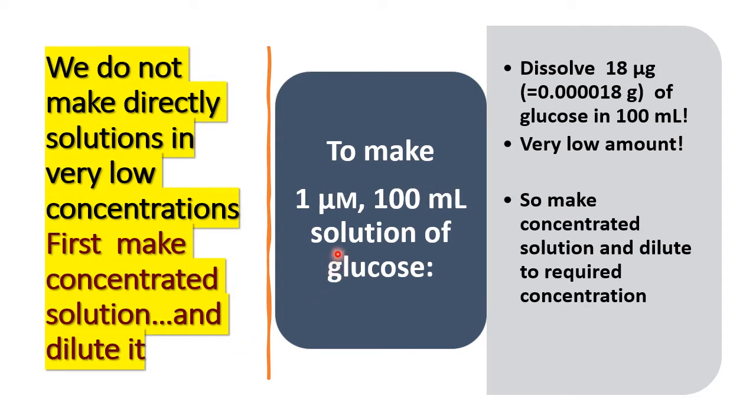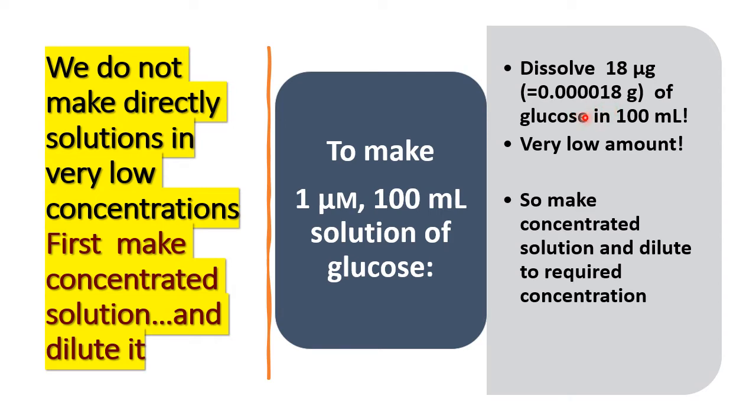Now take the example of another solution which we usually come across in our molecular biology experiments, 100 ml of 1 micromolar solution. If you want to make that for glucose, you have to dissolve 0.00018 gram of glucose in 100 ml, and this is a very low amount.